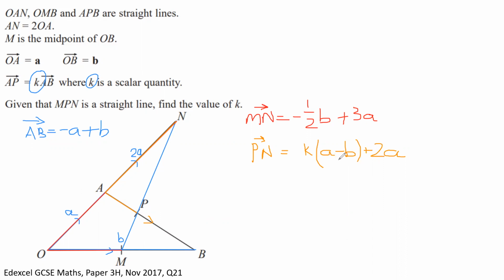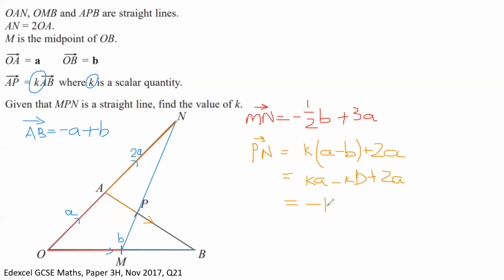Okay, so to work this out, we're going to need to multiply the brackets out to work out a value for A and a value for B. So if we do this, we'll end up with KA minus KB plus 2A. Now what I'm going to do is rearrange this a little bit, so I'm going to make sure that it's in the same format as I've got here.